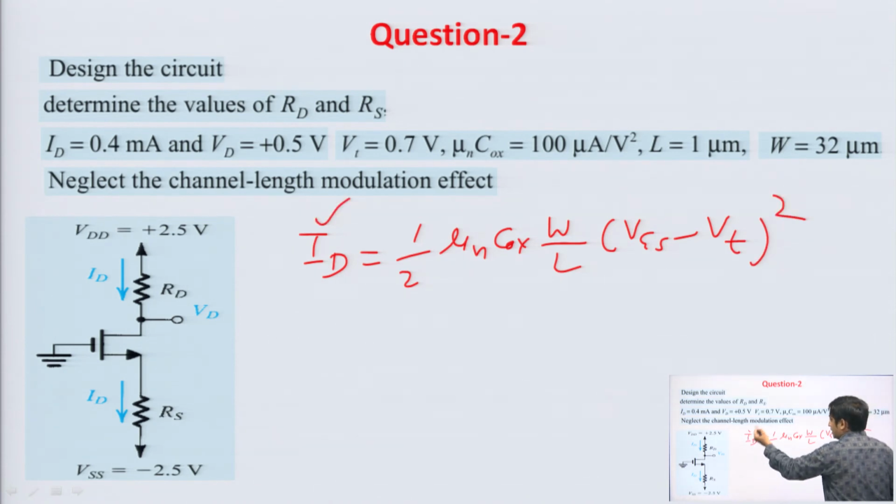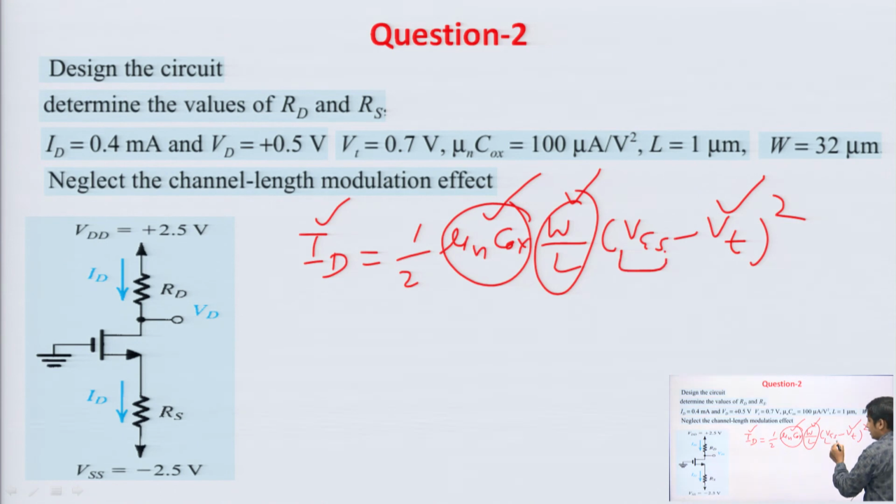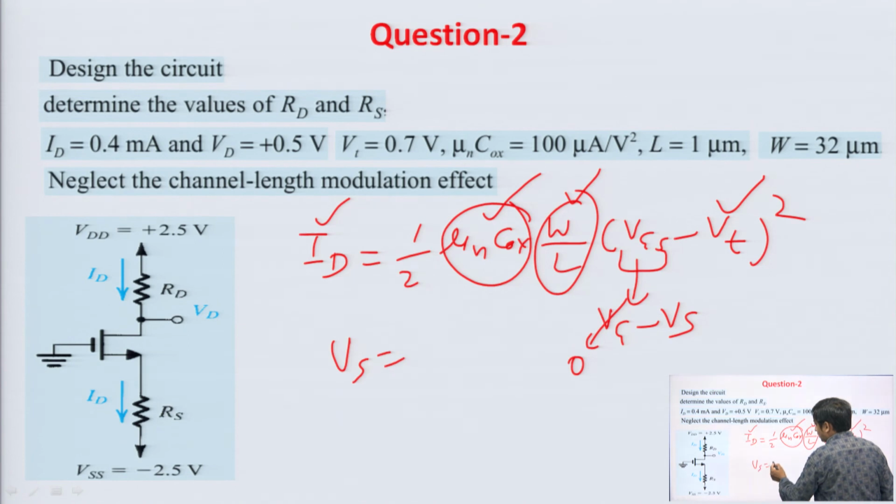ID is given, mu n Cox is given in the question, W by L is given, width and length of the channel, Vt is given, fine, and Vgs can be written as Vg minus Vs. From the circuit you can see that the gate is grounded, so Vg is 0. So, one equation, one unknown. Now, you can find out the value of Vs.